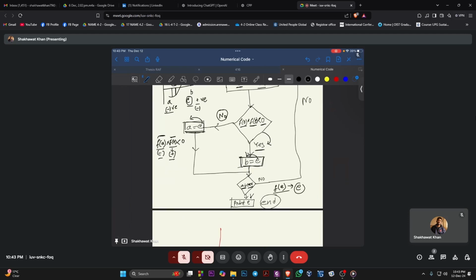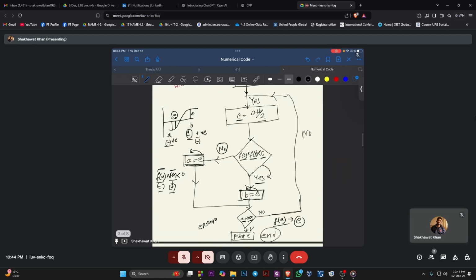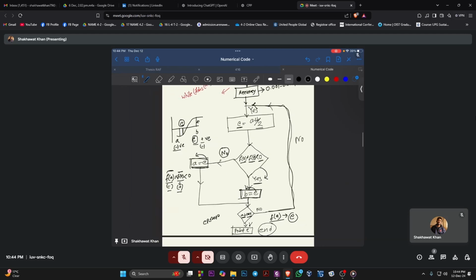If a minus b is not less than our error value, then we will again go further and compute a new c value. Okay, let's get into the problem, then we can understand this problem very clearly.